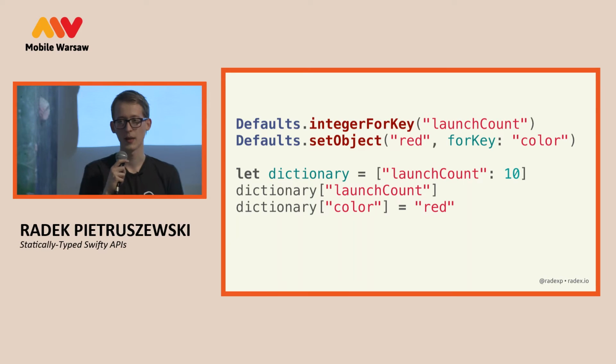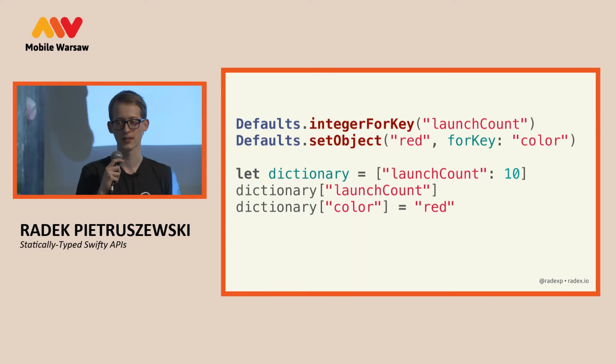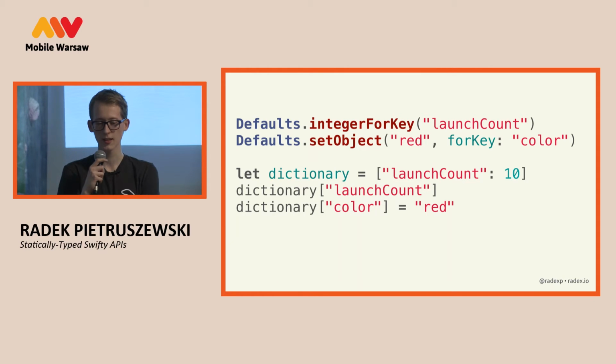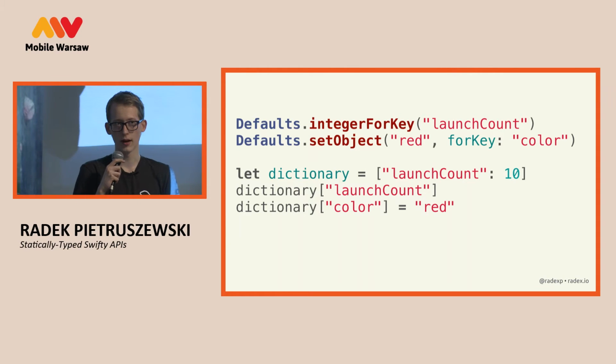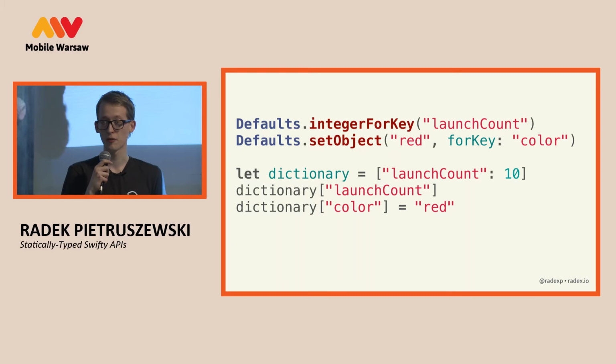It has the semantics of a dictionary, right? It's a key value store. You put stuff in under a key and you fetch using a key. But it has a completely different syntax, right? You can't take advantage of this nice, familiar square bracket syntax, both in defining your defaults and in fetching and setting to the user defaults.